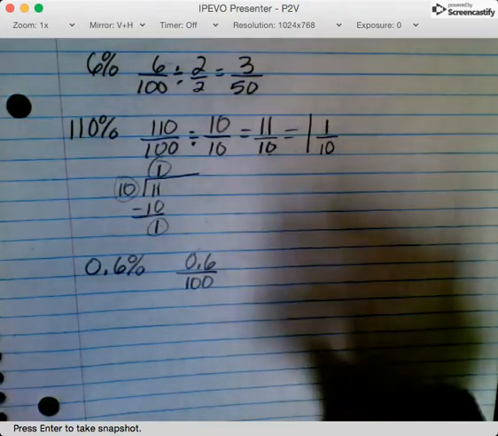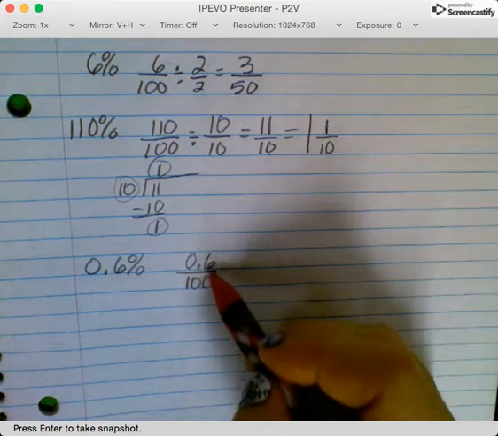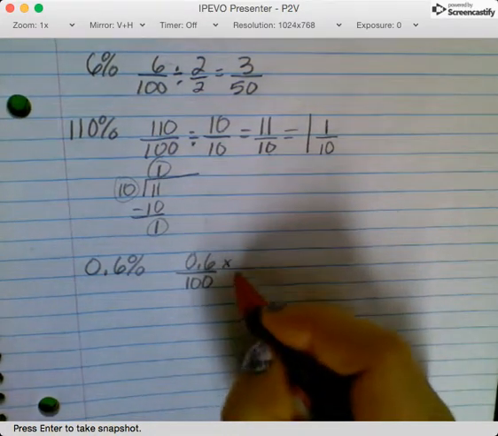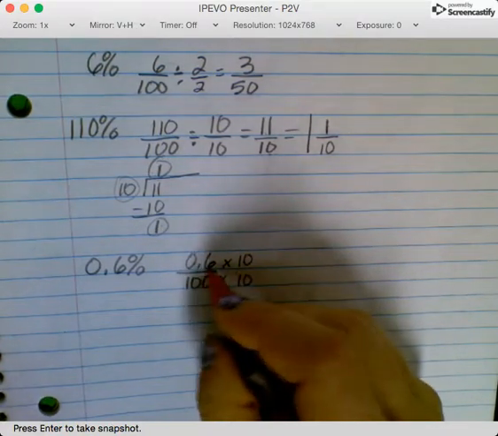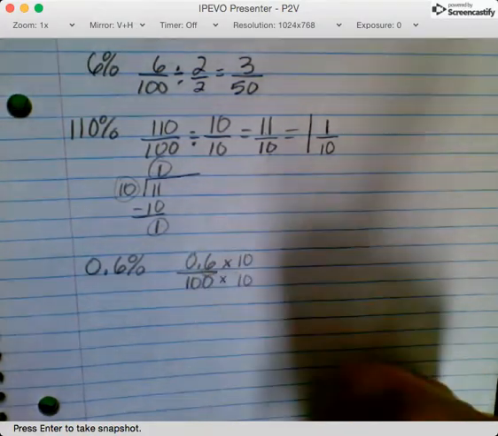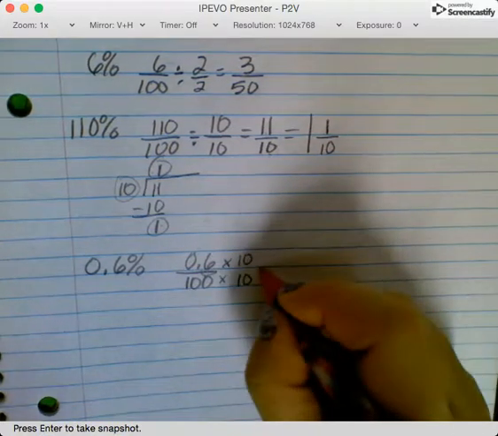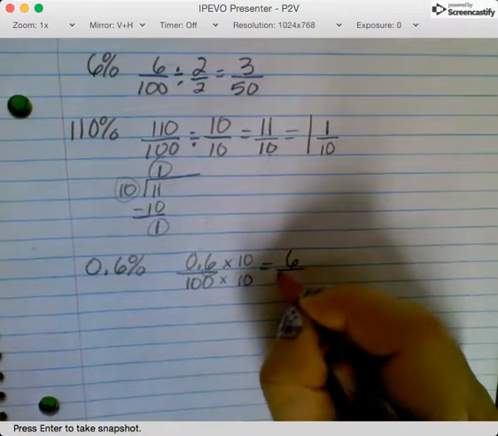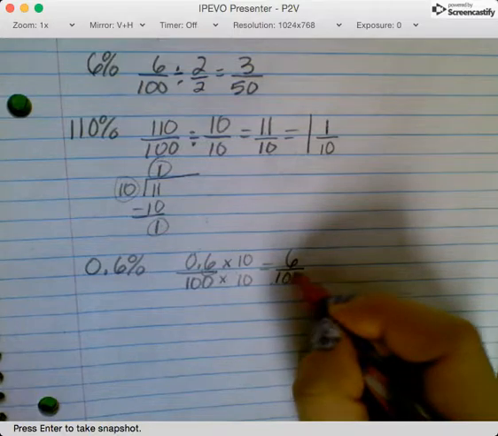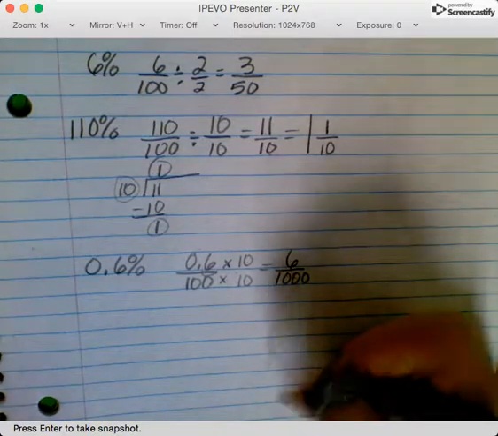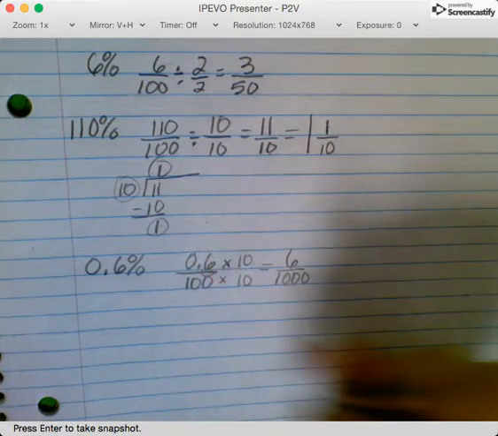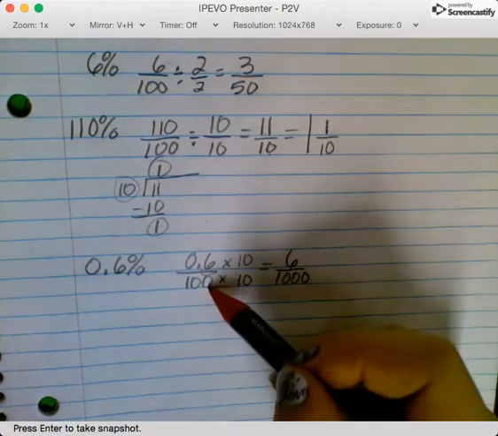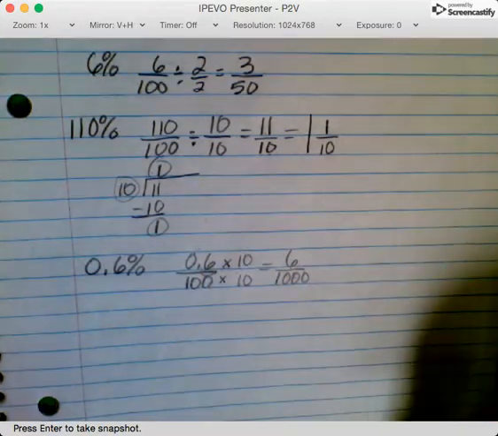The first thing that they have you do is actually get rid of that decimal by multiplying both of those by 10, because when I multiply by 10, I'm moving the decimal to the right. So that makes it 6 over 1,000. It just moves the same amount of zeros in the decimal. And then I put a 0 on my 100.